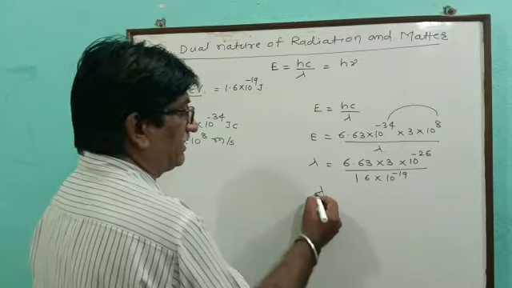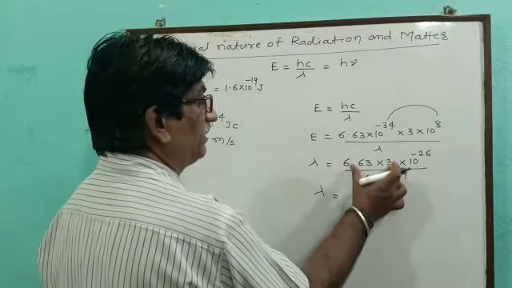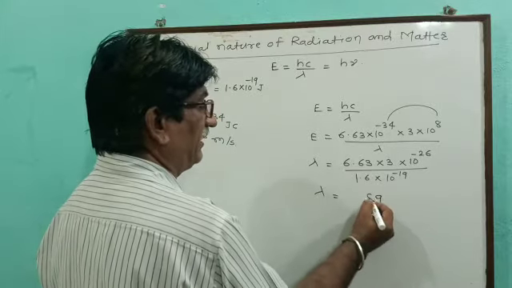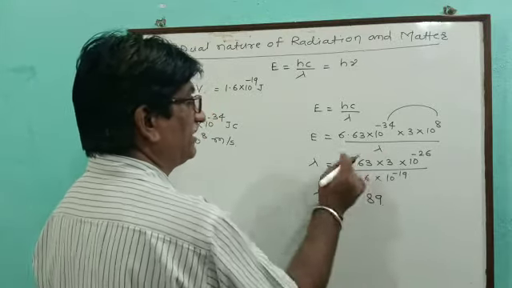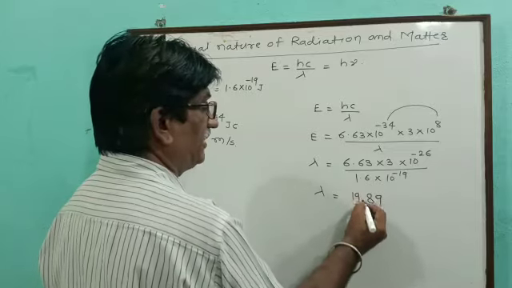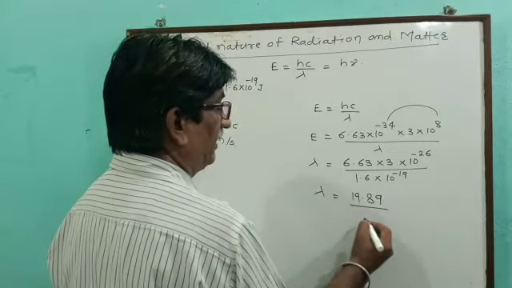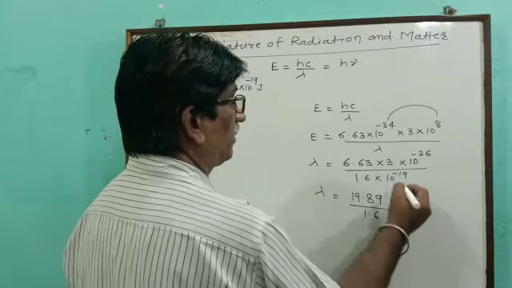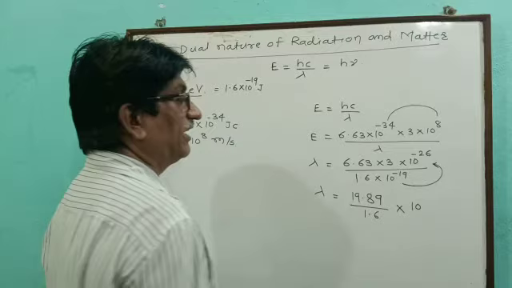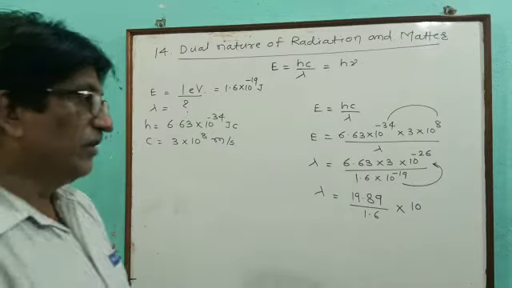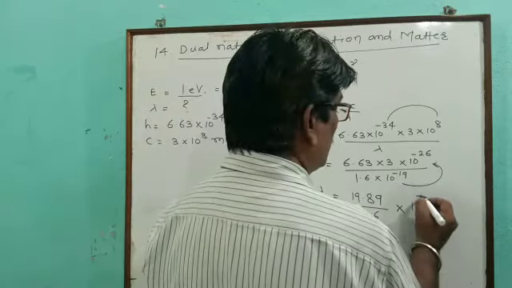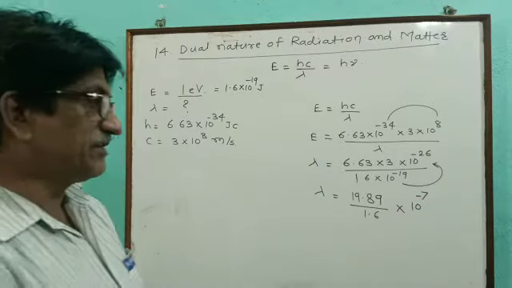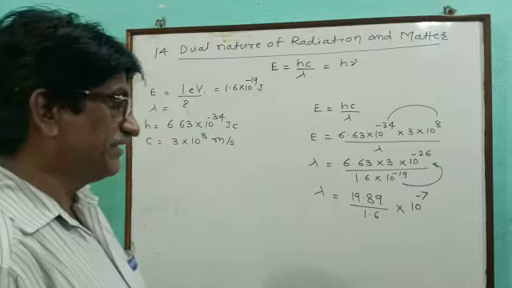So λ is equal to, this multiplication is there: 3 3s are 9, 3 6s are 18, and 1 is remaining, 19.89 upon 1.6 × 10^-19. It is shifted to the numerator, so it is plus 19. So -26 plus 19 gives 10^-7.